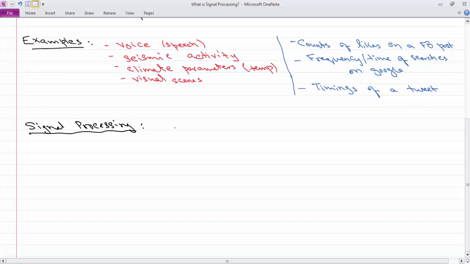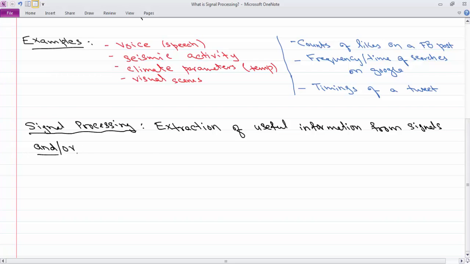While there is no universal definition, the way I'll describe it is, we said a signal is something that carries information, and signal processing is extraction of useful information from signals, and or it could be either one of these things, manipulation of signals to produce desired outcome.